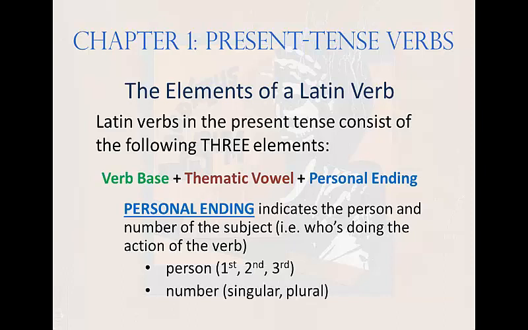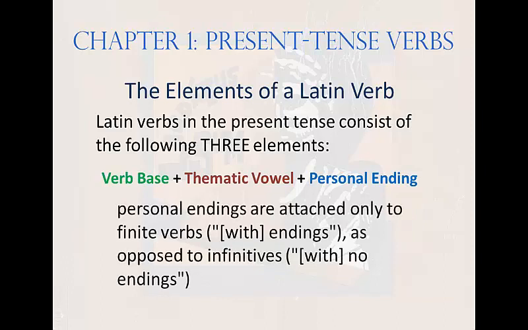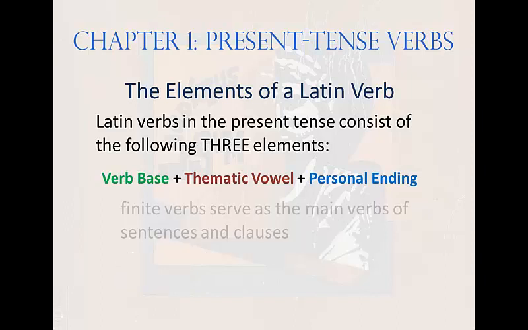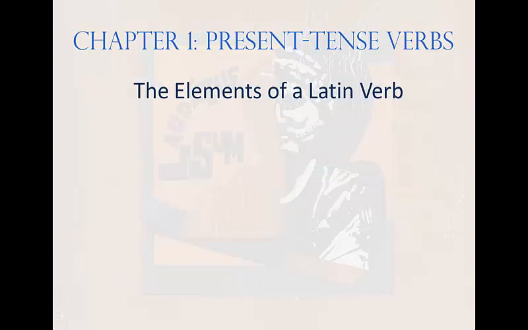The person and number of the subject and verb must agree. In other words, they must be the same. Personal endings are attached only to finite verbs, that is, verbs with personal endings, as opposed to infinitives, verbs that have no endings. Finite verbs serve as the main verbs of sentences and clauses.